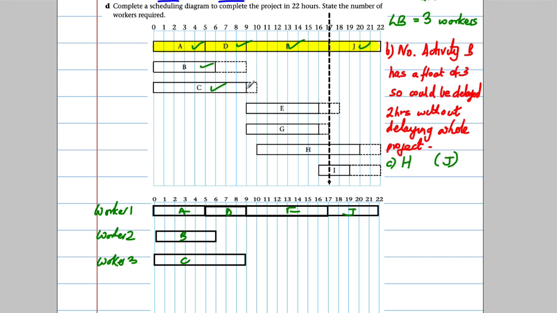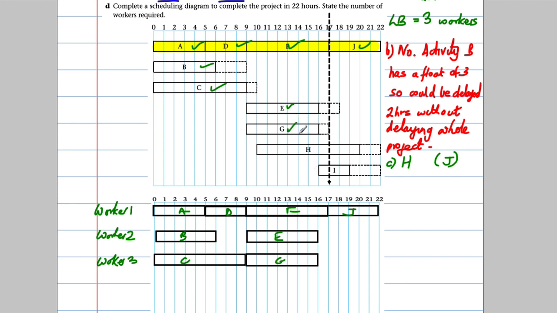So why not put E and G with B and C. So E, I'm going to put here starting at 9 and ending at 16, and I'm going to do the same thing with G, starting at 9 and ending at 16 here, like that. So this here is going to be E, and this is going to be G. So I've done that and that.